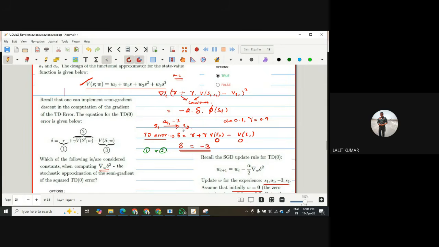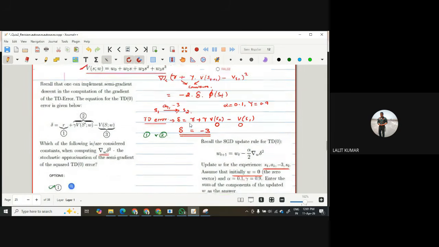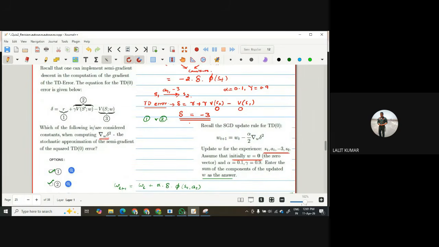Yes, sir. Okay. Now, we know the formula: W(t+1) is equal to W(t) plus alpha into delta into phi. So we have calculated delta, and W has been given as 0. Now we need only phi.